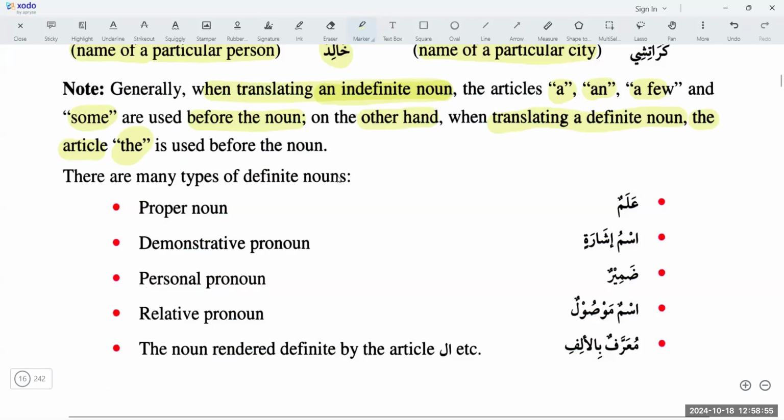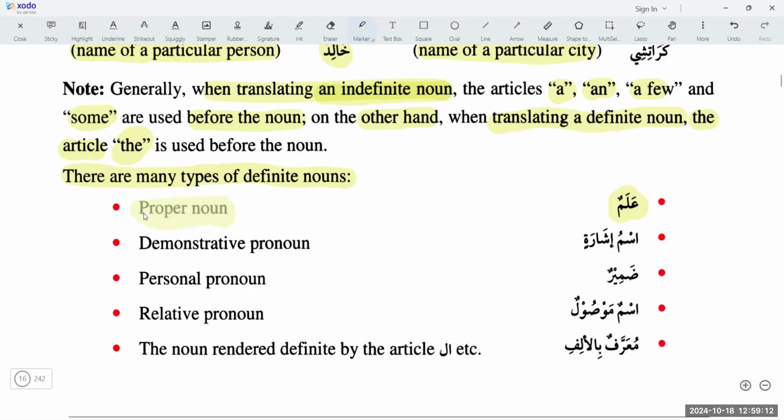There are many types of definite nouns. One is alamun, we call it proper nouns.